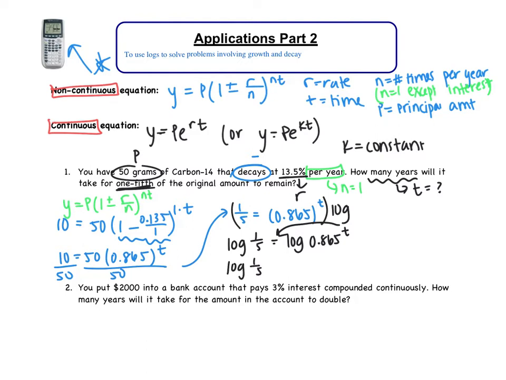So I get log of 1/5 is equal to t times the log of 0.865. If t is what I'm looking for, I can divide then by that log of 0.865. Please remember, those logs do not cancel out. You're going to type this in your calculator exactly how it looks. Remember to put that 1/5 in parentheses.